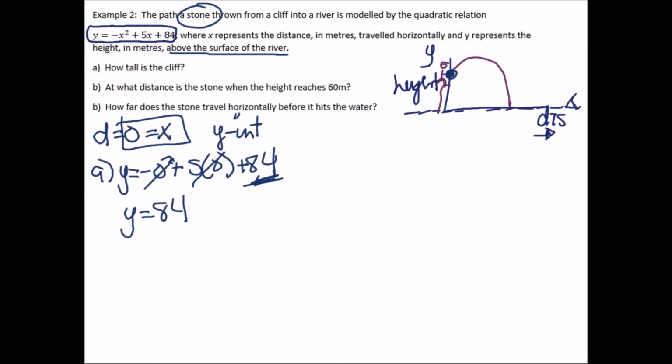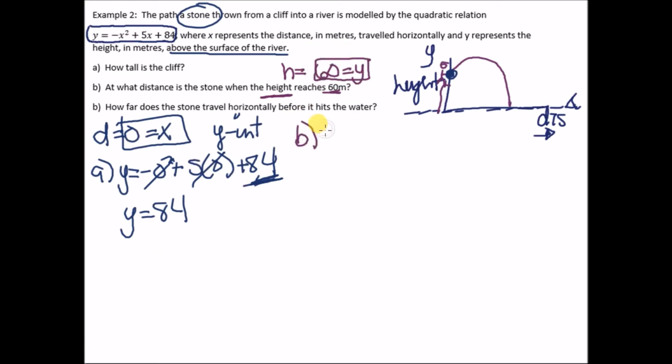Now B: at what distance is the stone when the height reaches 60? So we have height 60, and height is y. So this time y equals 60. This one's a little bit harder.